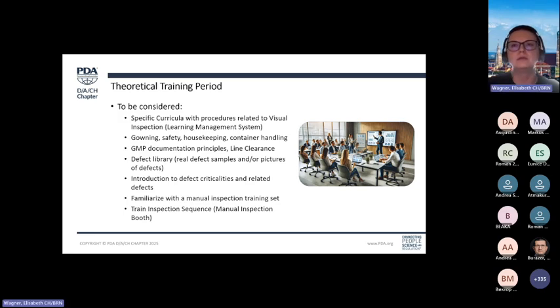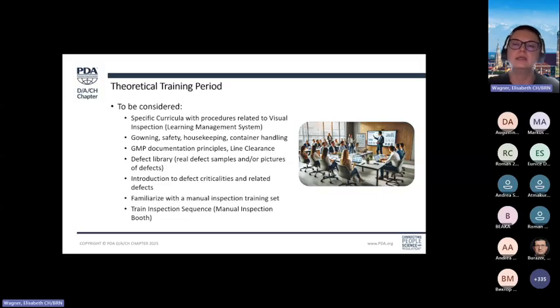Typically, each company should have a defect library, and this is typically at least a defect catalog with pictures representative of the defects that can occur from manufacturing, from different lines and from different products.